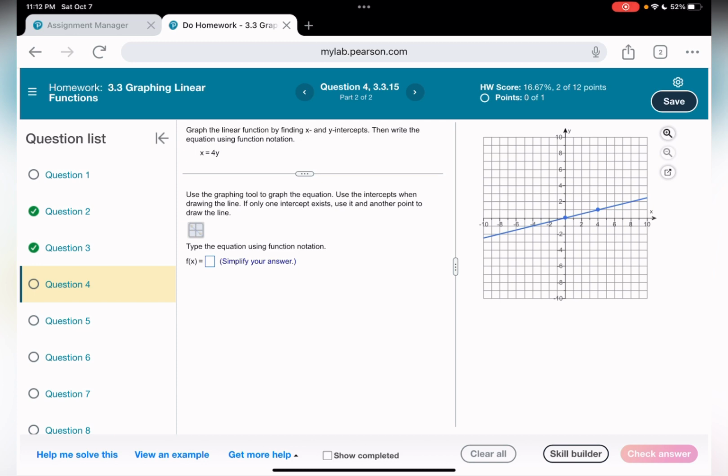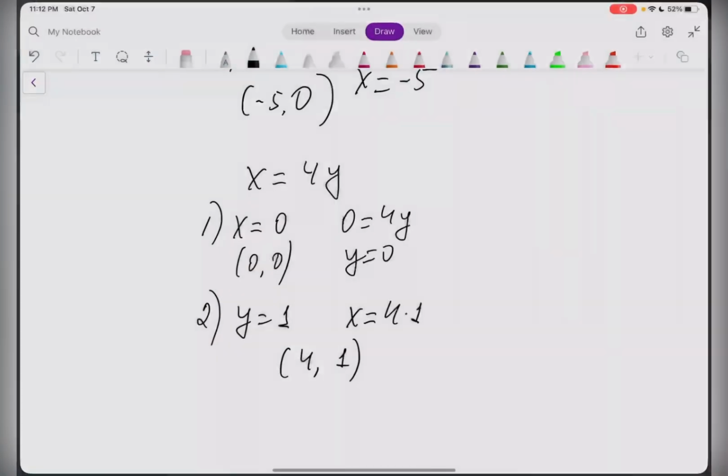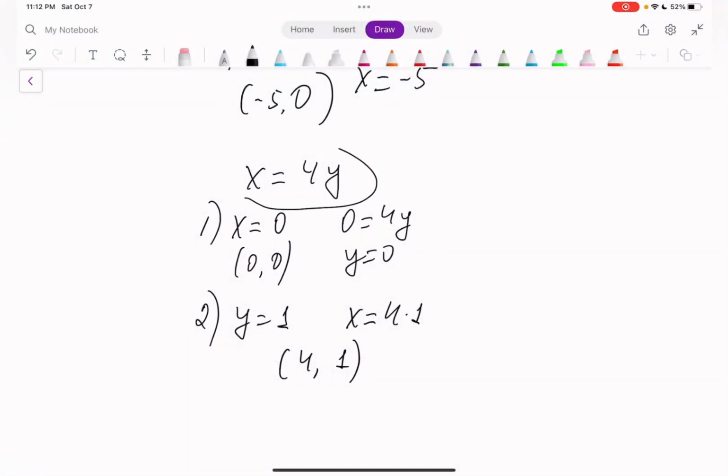So to find the equation using function notation, we have x is equal to 4y. We need to find y. To find y, I need to divide by the coefficient of y. And that's going to be y is equal to x over 4.